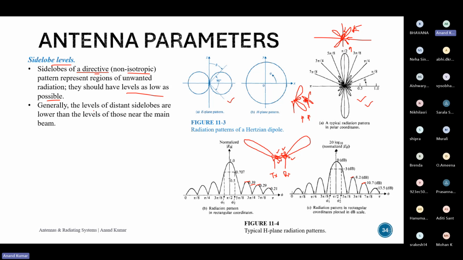Okay. There's another question: what happens if two back lobes of two different antennas overlap? So these radiation patterns are something which we are drawing. The overlap is not exact.